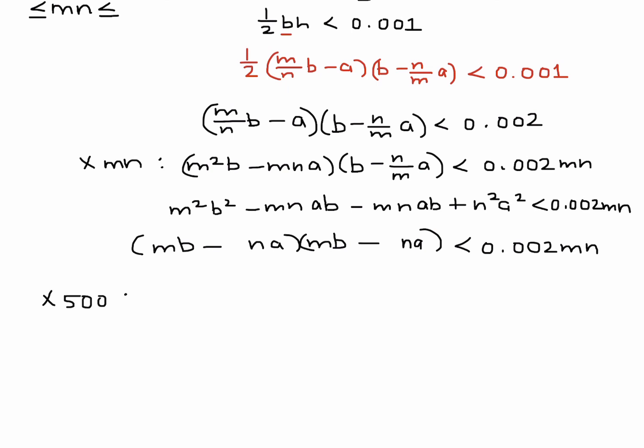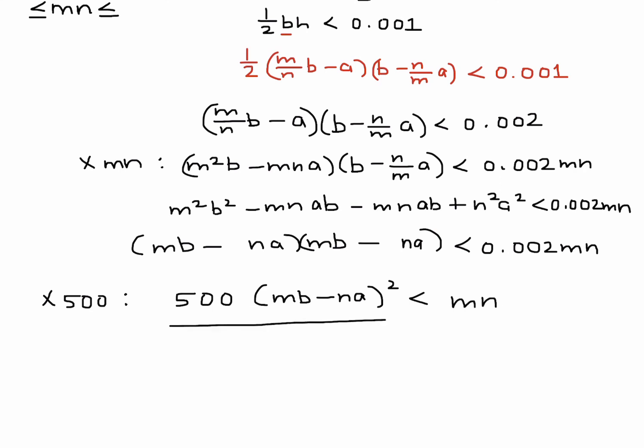That will get rid of that very small decimal. So this becomes 500 times mb minus na all squared is less than mn. There we go. So we got it down to this form. And keep in mind that m, n, a, and b are all integers. So that's going to be very helpful.